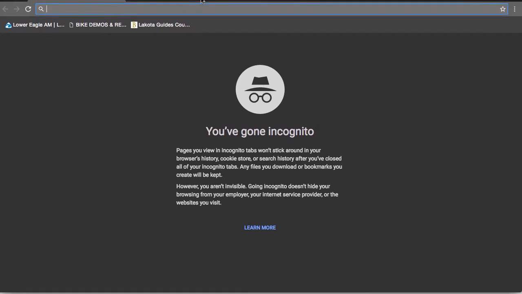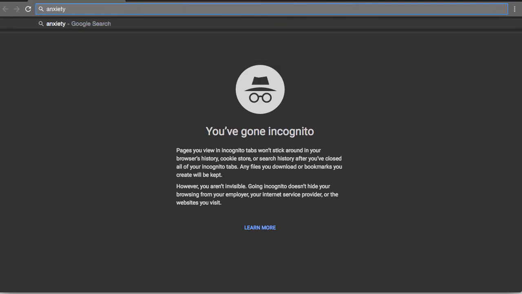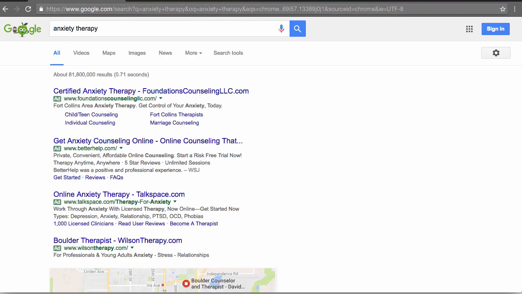So I'm going to go to Google here, and I'm going to type in just anxiety therapy. That's generally where I will start. People start with more general terms when they're looking for help, and then they look for more specifics.